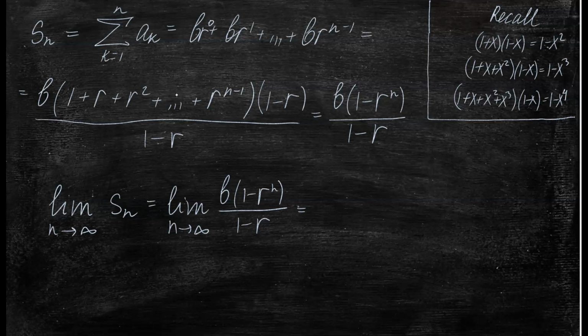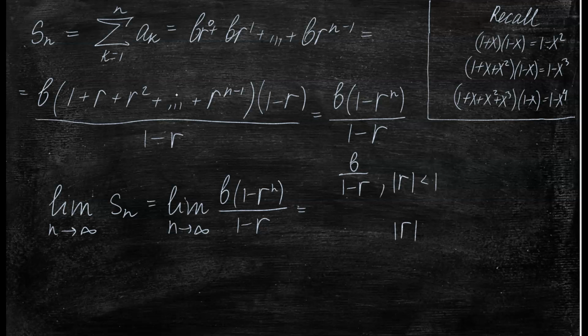If you take a small number whose absolute value is less than 1 and raise it to the power n, the r to the power n will go to 0. And in such a case, we're going to have left b over 1 minus r.